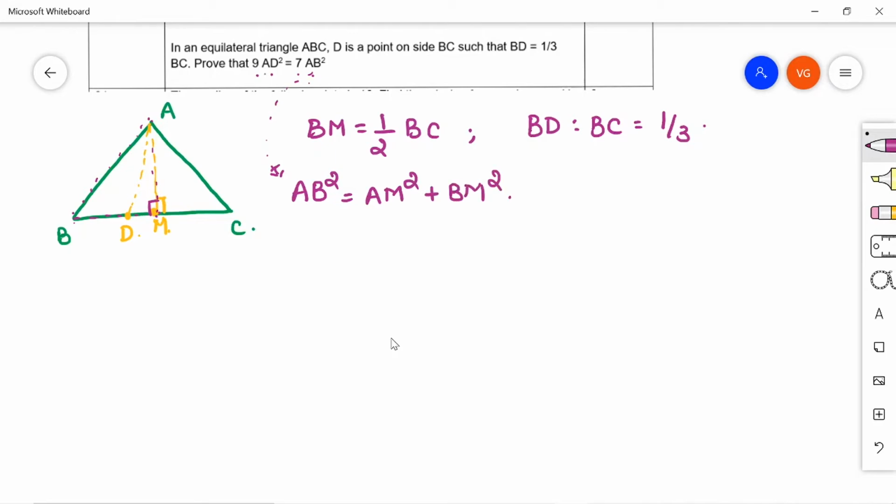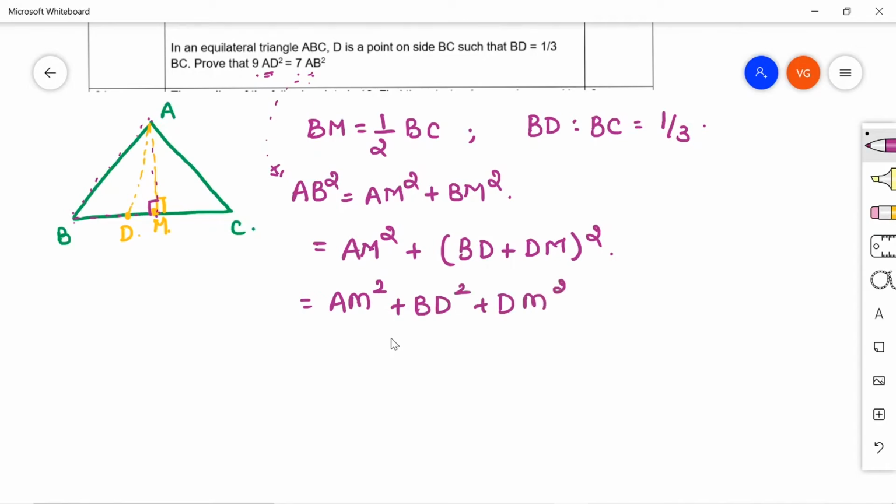But on the other side you have AD, so we have to bring that AD term also here. BM can be written as BD plus DM whole square. Now expand this: AM square plus BD square plus DM square plus 2 times BD into DM.